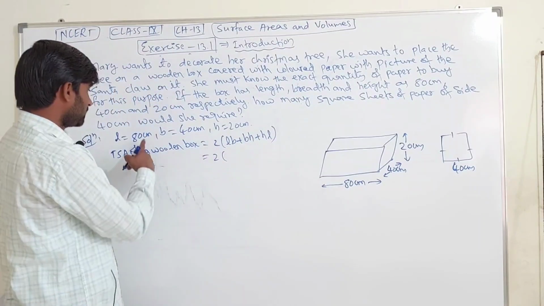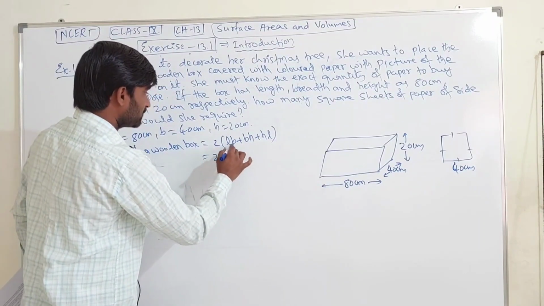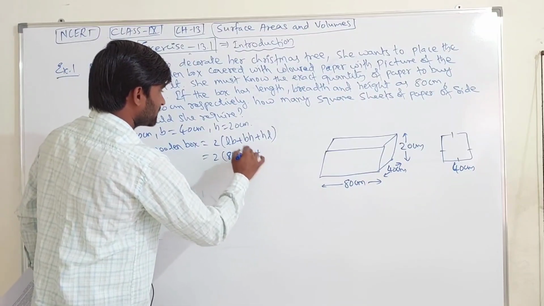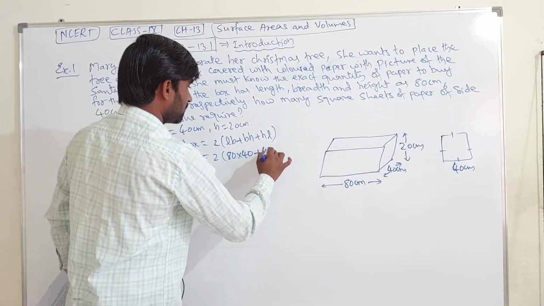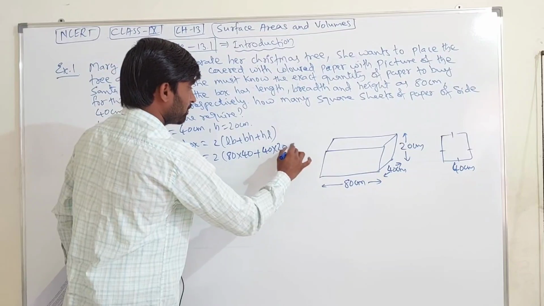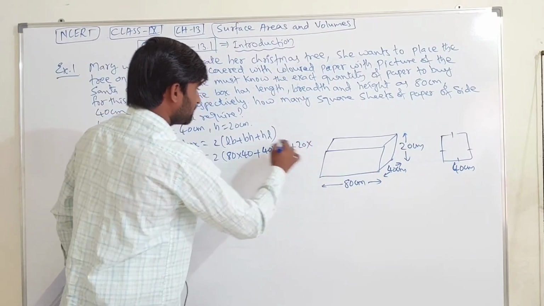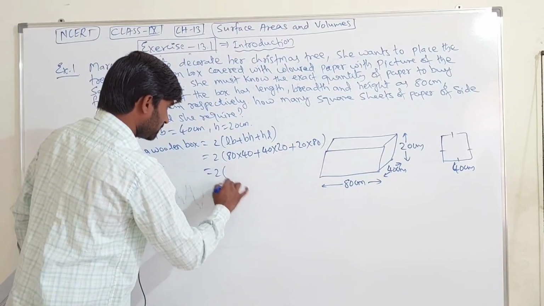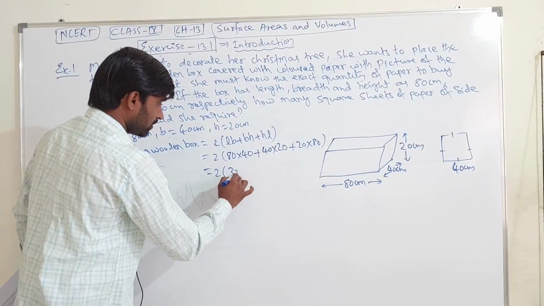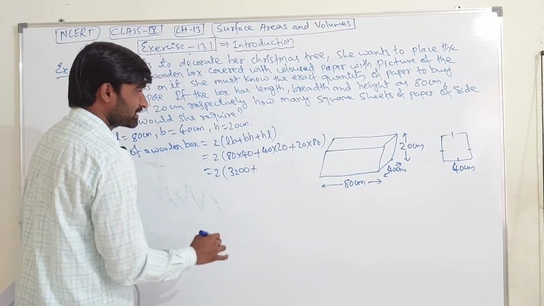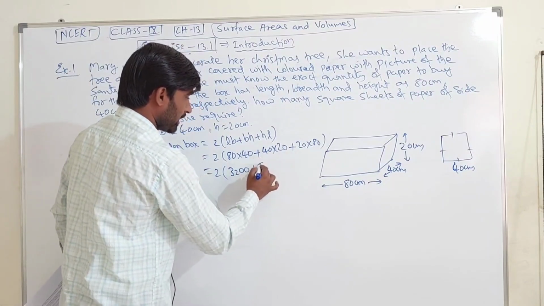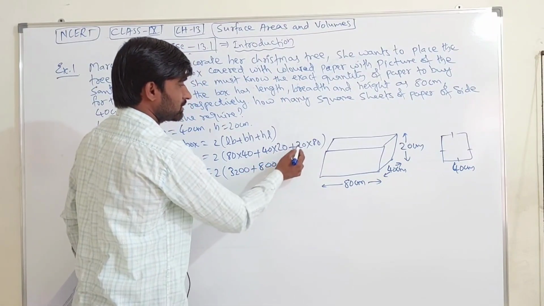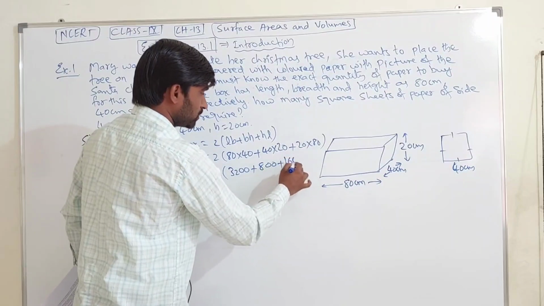2 times (length 80 times breadth 40 plus breadth 40 times height 20 plus height 20 times length 80). Next, 2 times 4 is 8, 8 times 4 is 32, put the 2 zeros. Plus 4 times 2 is 8, put the 2 zeros. Plus 2 times 8 is 16, put the 2 zeros.